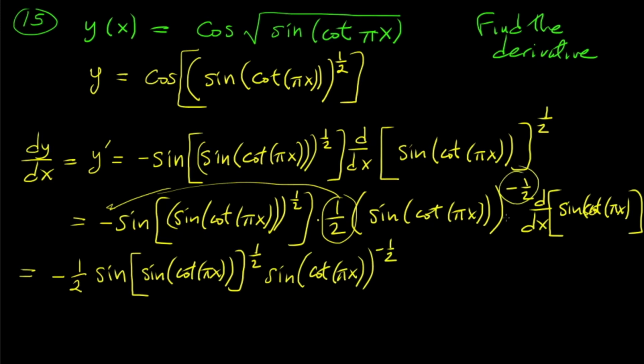Can't forget that. And now we just need to multiply by the derivative of sine, which is cosine of cotangent of pi x. By the chain rule, we multiply by the derivative of cotangent of pi x.